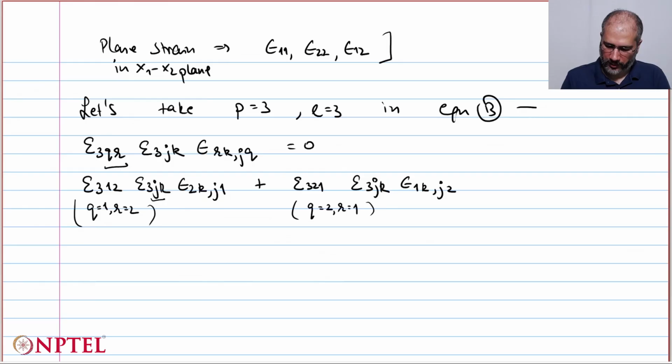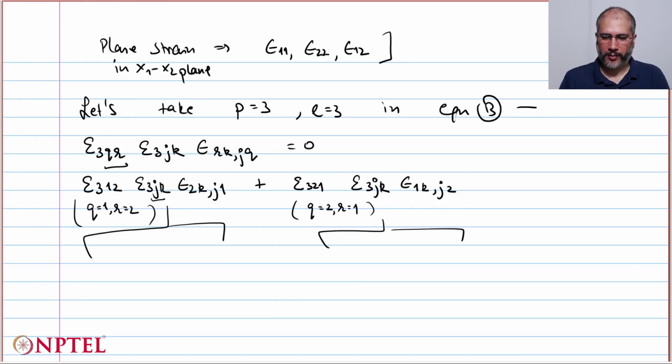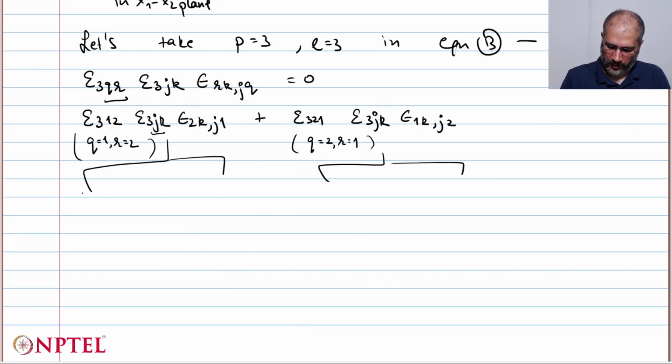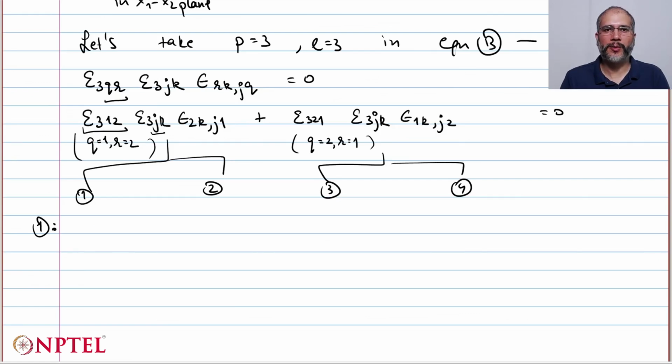Right, so now we have these two indices J and K. Each one results in two cases, so we'll have a total of 4 terms. Let's call these 1, 2, 3 and 4. This is a 0 by the way. Now epsilon 312 is a 1, so I don't need to keep writing it.